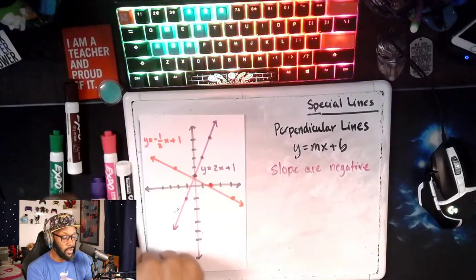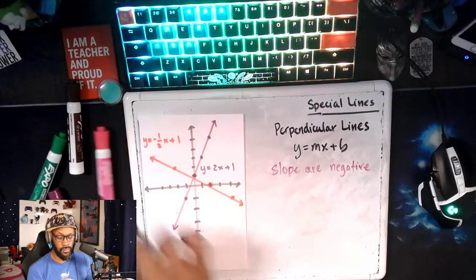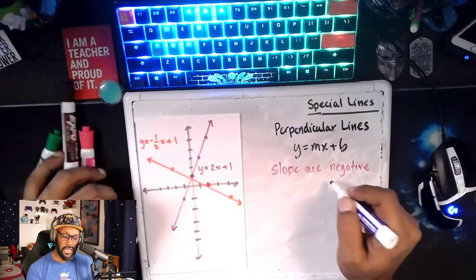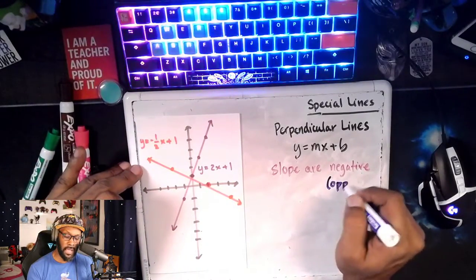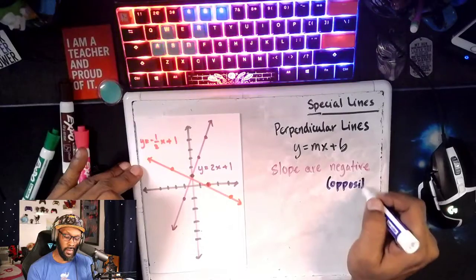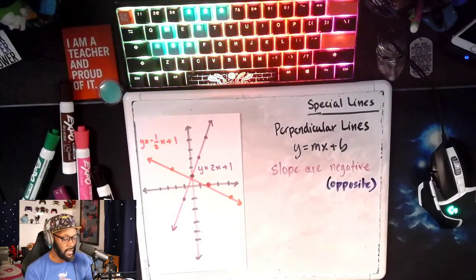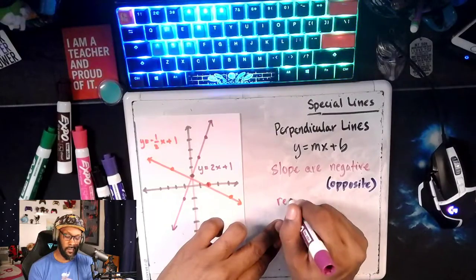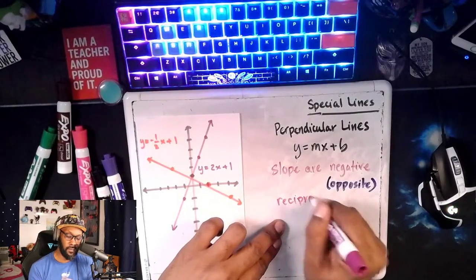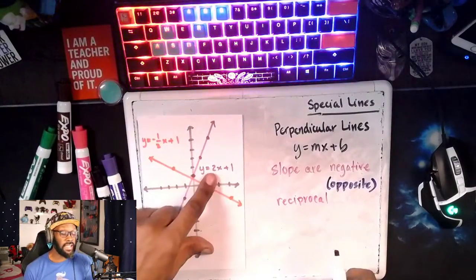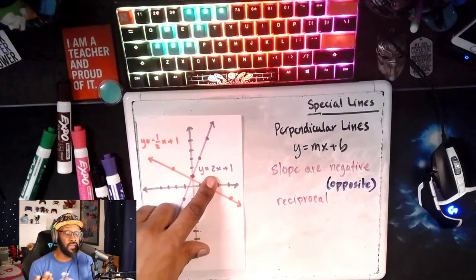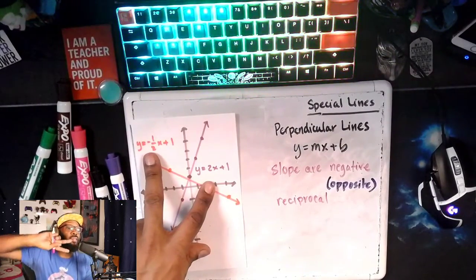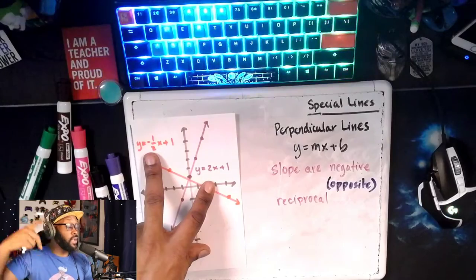Now, I'm going to use the word opposite. I'm going to say negative. It's a negative reciprocal, but I'm going to put the word opposite here for you. The negative reciprocal. Right? So the opposite of positive 2 is negative 2. The reciprocal of 2 is 1/2.